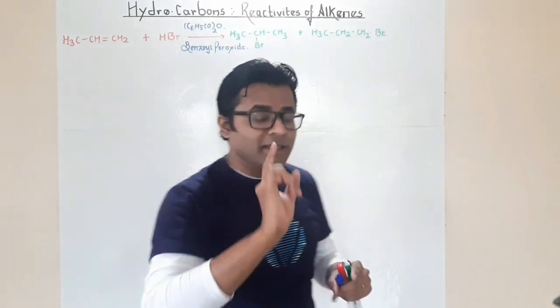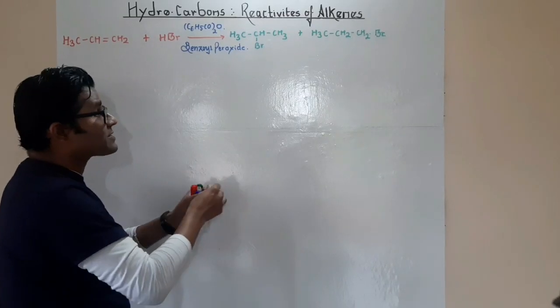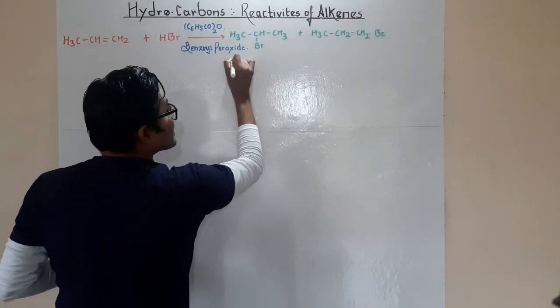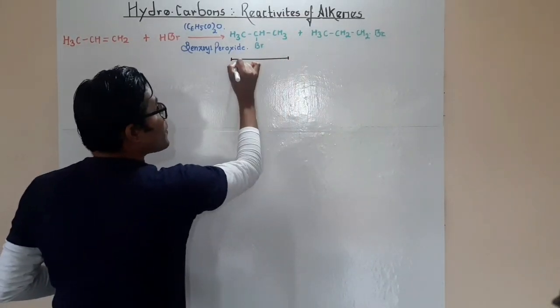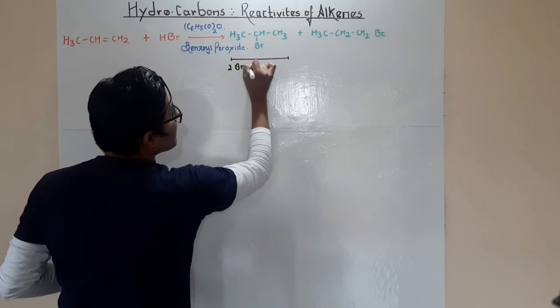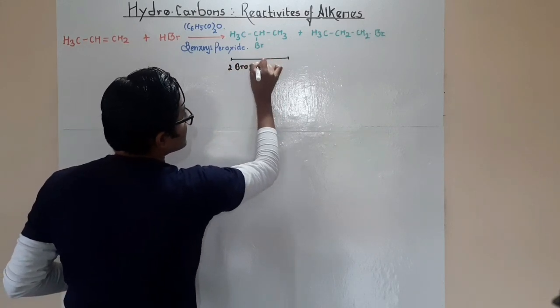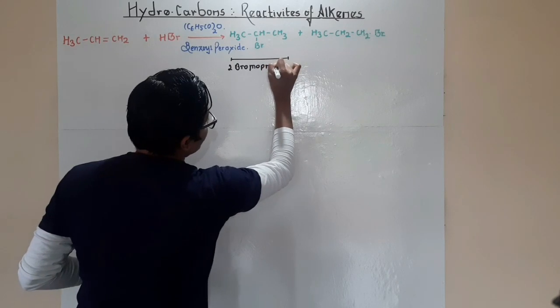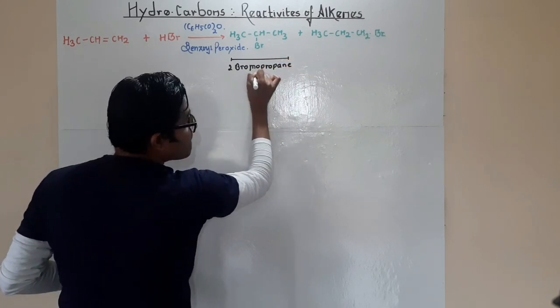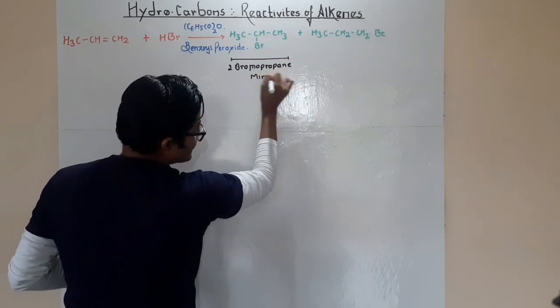That means here you are going to get the first product, 2-bromopropane, as the minor product.